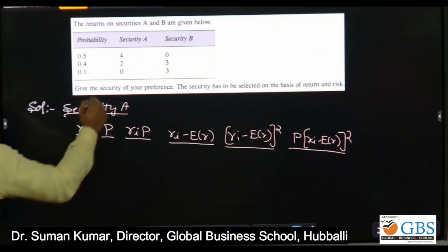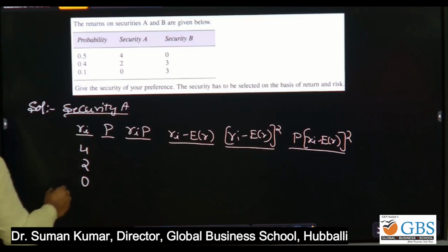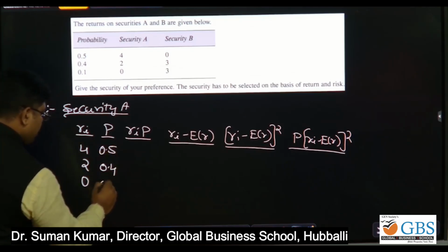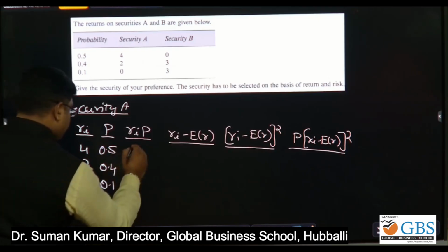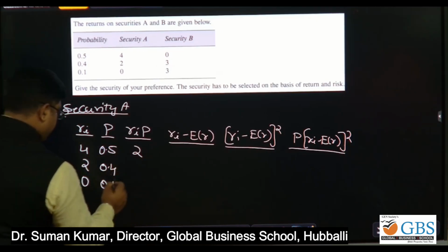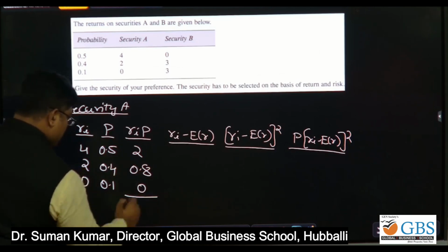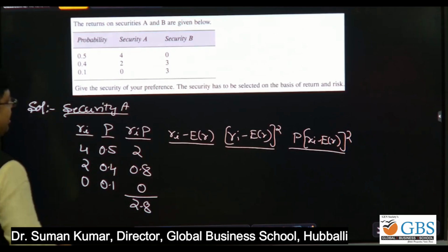Ri, that is security A, 4, 2, 0, they given probability 0.5, 0.4, 0.1. So if we multiply, this is 2, this is 0.8, and this is 0. So 2.8 is the return on security A.